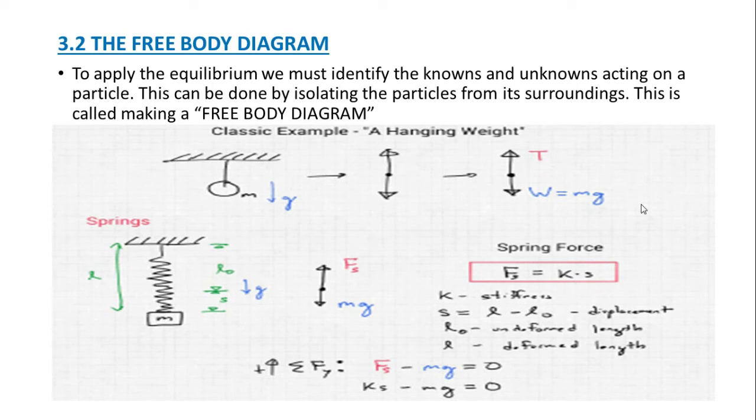Again I am repeating, the most important thing in engineering mechanics, in statics and dynamics, is to draw the correct free body diagram. Remember what I have told you: if you are able to draw the correct free body diagram, you have solved more than 50% of the numerical correctly. It means if you have a 10 marks numerical, you have already been able to get 5 marks out of 10 just by drawing the correct free body diagram.